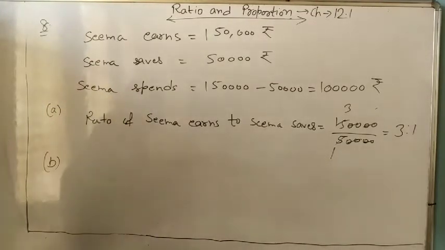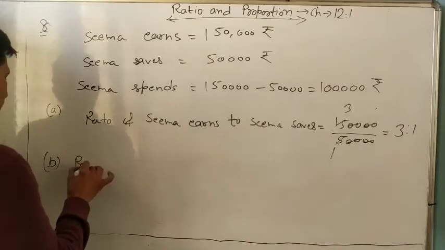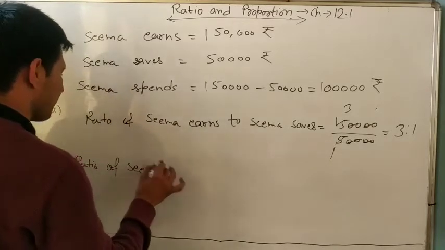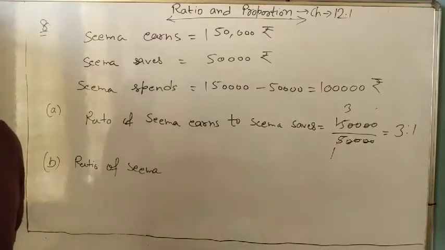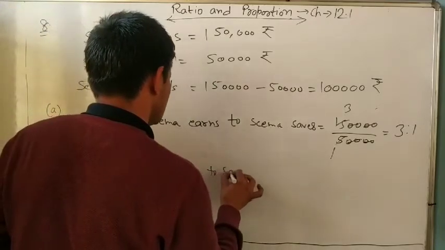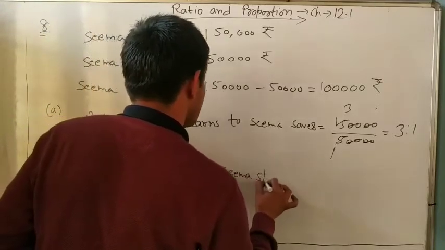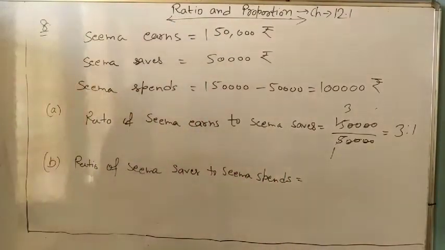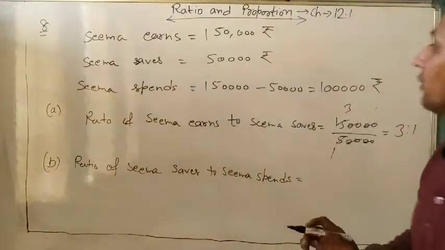B part, the money that she saves. So write the ratio of Seema saves to Seema spends. So how much does Seema save?